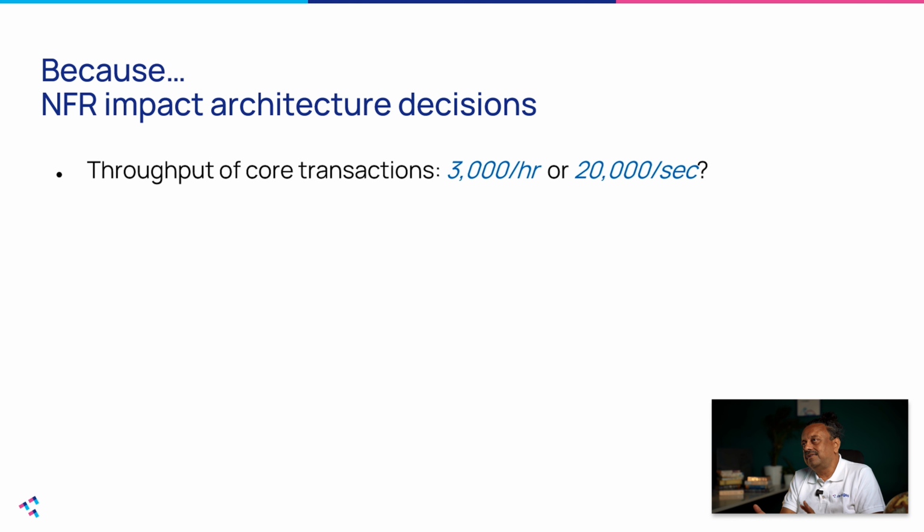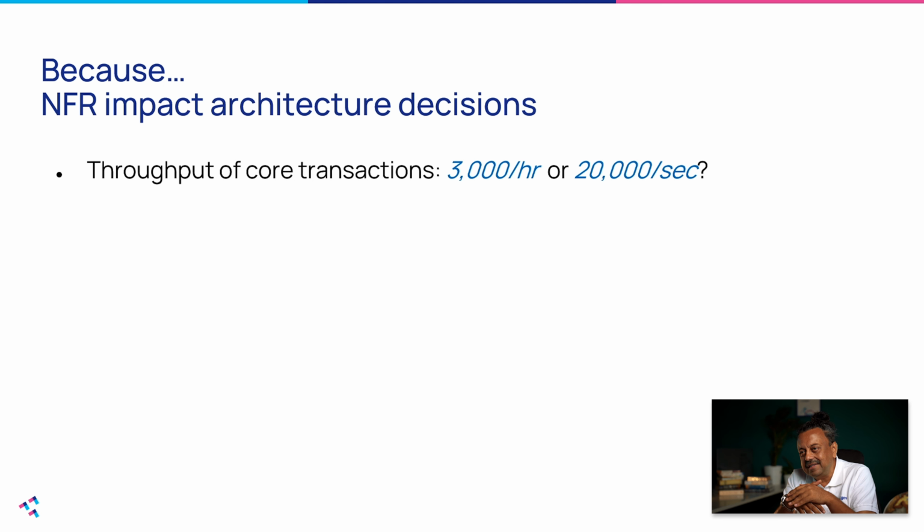So if the software is being used to record purchase transactions, then what is the rate at which the software needs to operate? That is its throughput. If I have a throughput requirement for my software, let us say I have a requirement of 3000 transactions per hour. That is one kind of requirement. 20,000 transactions per second, that's a very different number.